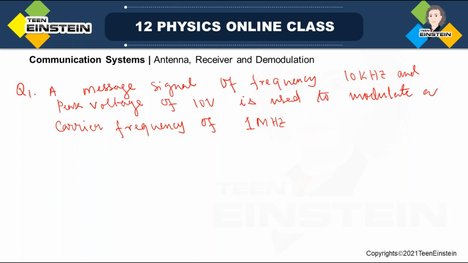As you know, carrier frequency will always be greater than the message signal frequency, and the carrier signal has a peak value of 10 volt.